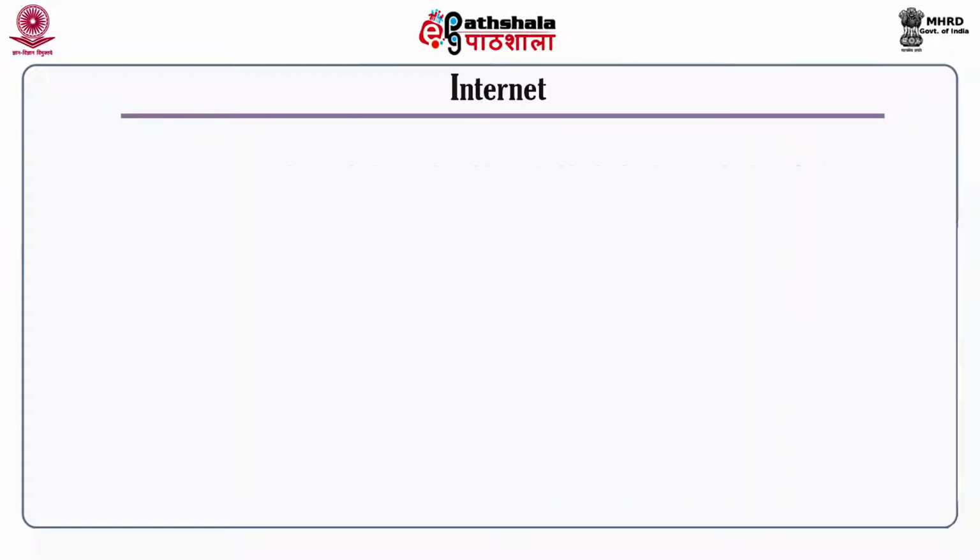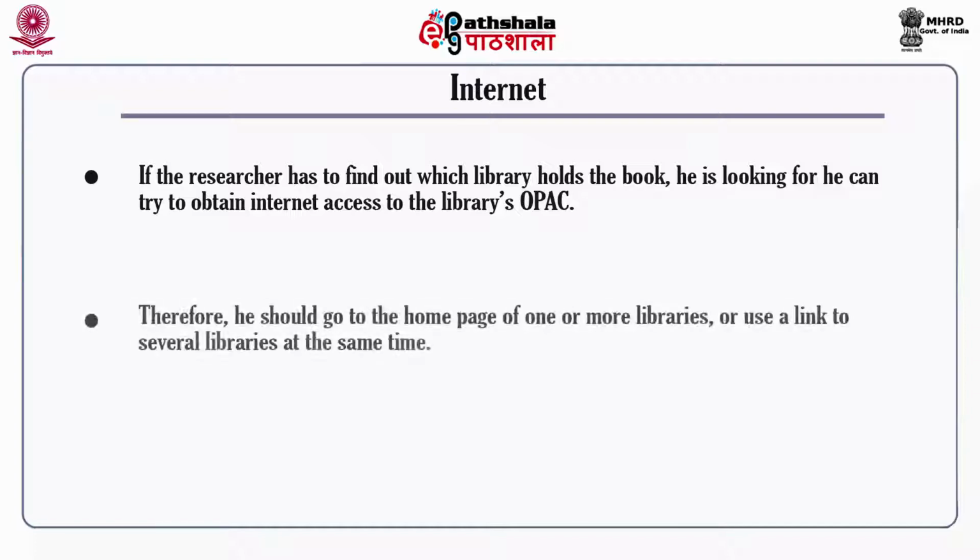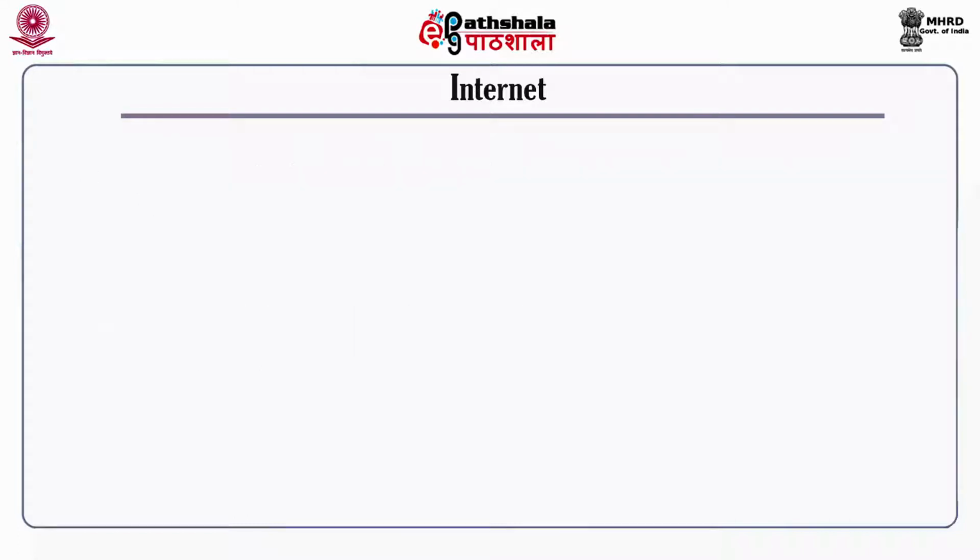Internet. If the researcher has to find out which library holds the book he is looking for, he can try to obtain internet access to the library. Therefore, he should go to the home page of one or more libraries or use a link to several libraries at the same time.